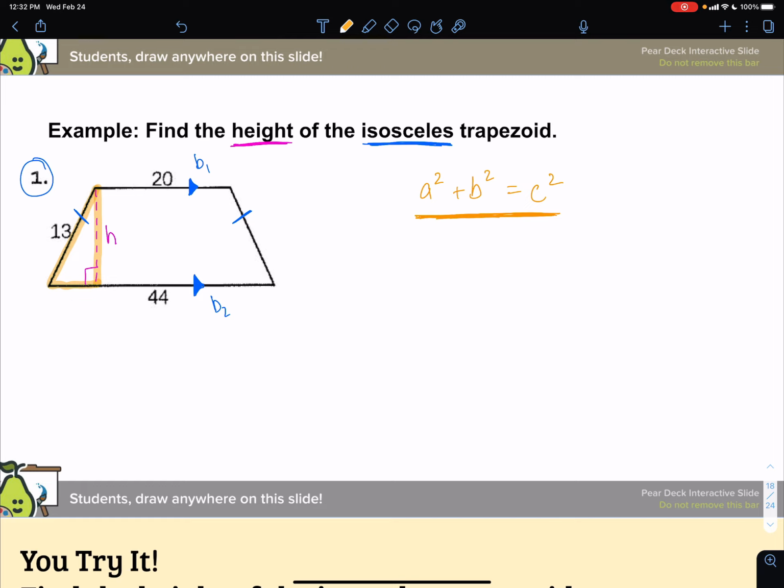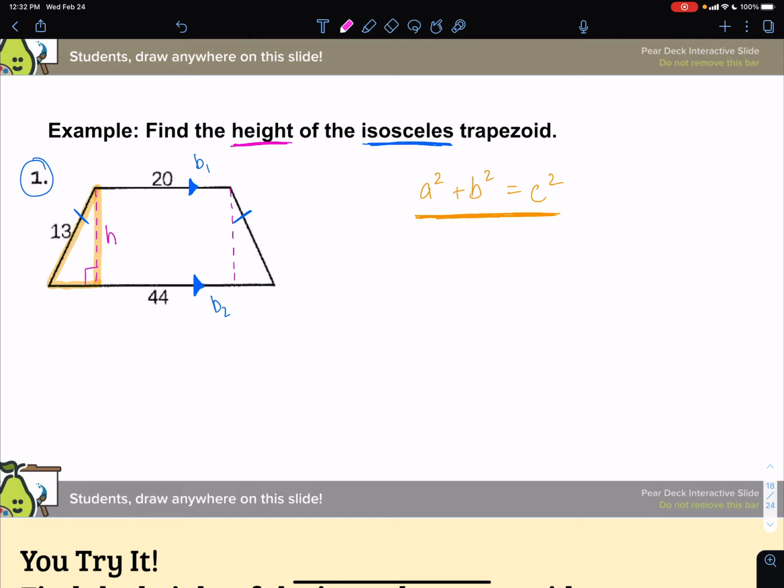Well, I drew my height on the left side, and it started at the top corner of the base up top. What I want to do is draw another height, but I'm going to draw it from the top right corner this time. So I'm drawing another height coming down on the right side. Now, we need to draw it, but we're not going to work on the right side. We're still going to work on the left side.